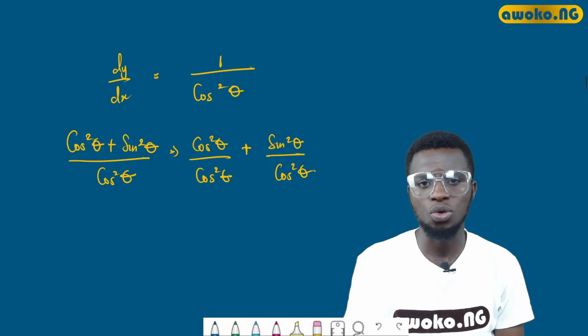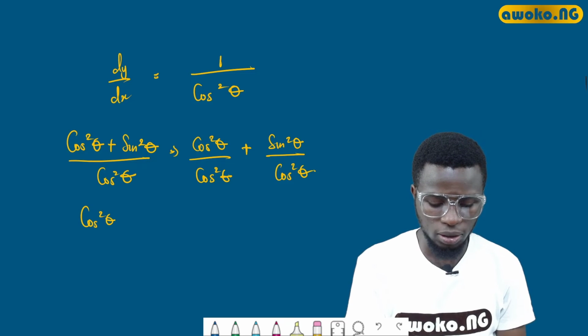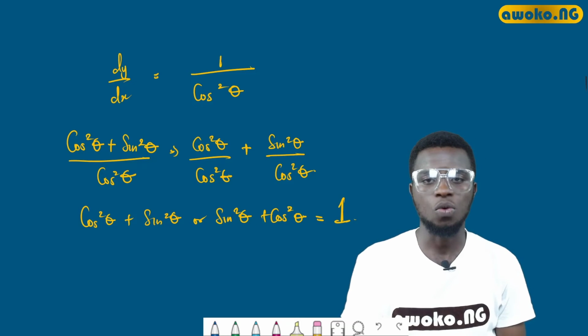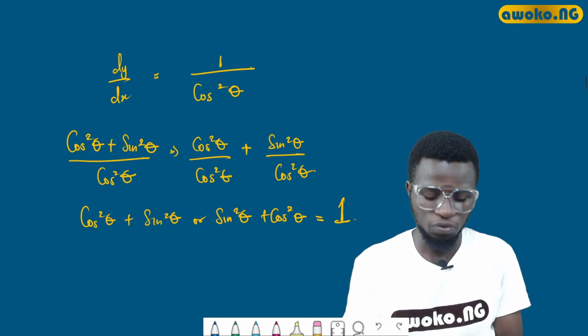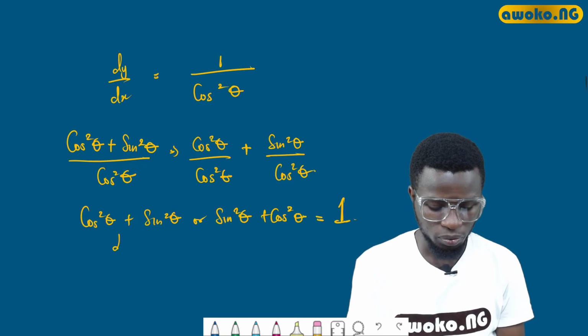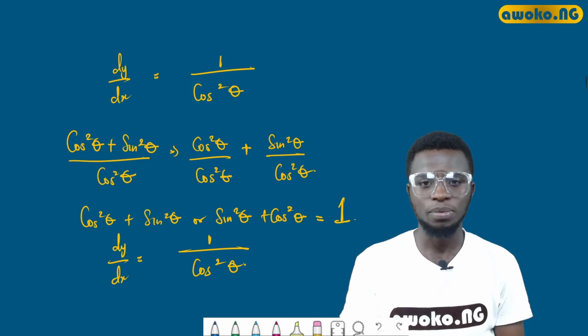But why do I have to go through this, since I already know that cos square theta plus sine square theta is already equal to 1. So if I put this inside, dy/dx will be equal to 1 over cos square theta.